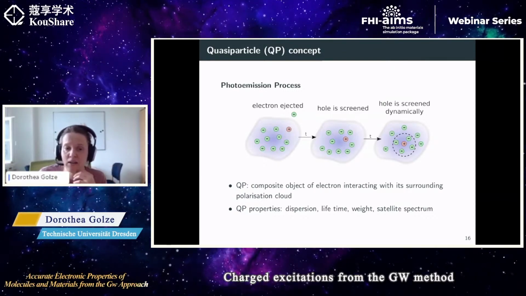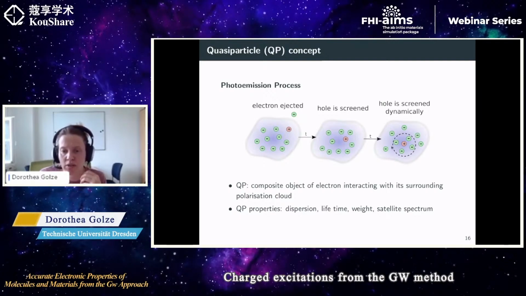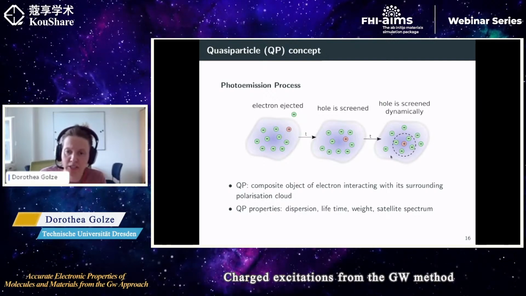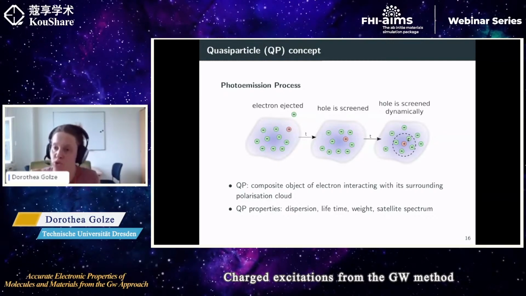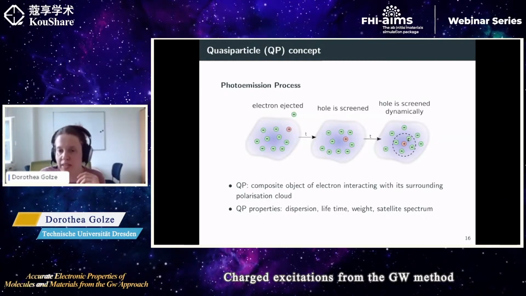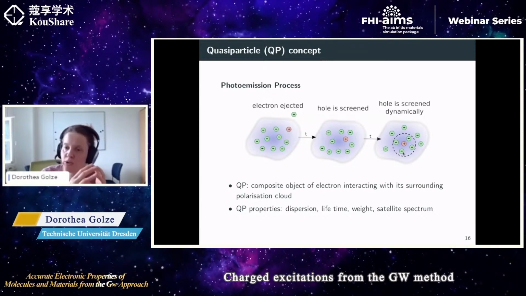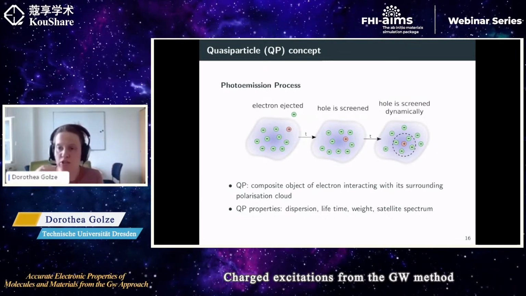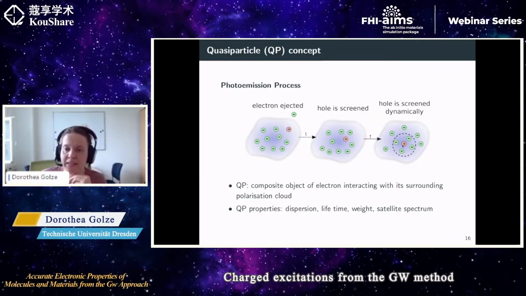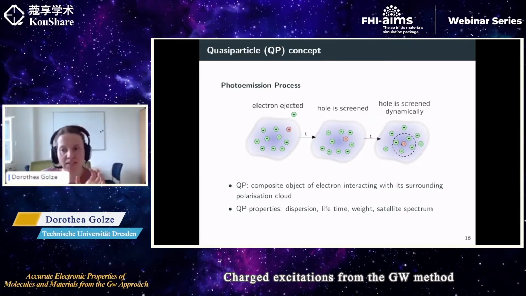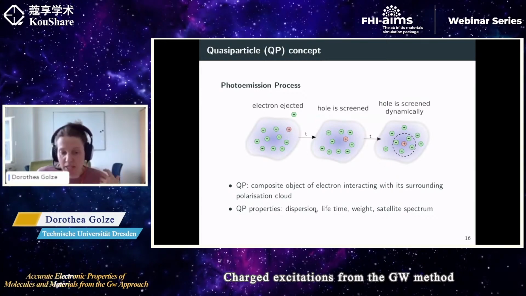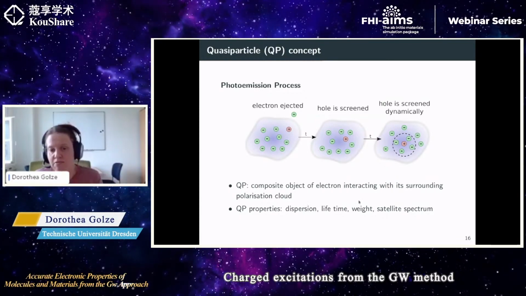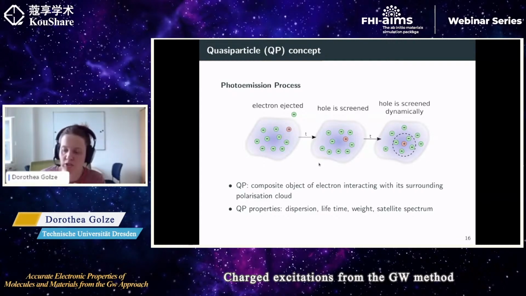And then this composite object of the electron, interacting with its polarization cloud, is basically moving through the system. It doesn't always need to be the same electrons around it, but from far it looks like a hole together with its polarization cloud traveling through the medium. And that's this whole composite object. This is the quasiparticle, which has properties such as dispersion, lifetime, a weight, satellite spectra, etc.